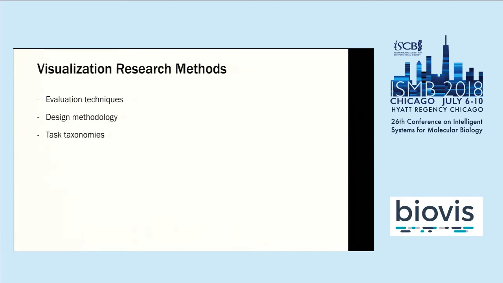Task taxonomies, very helpful when you try to understand what a user might want to do with your visualization. There's some great papers. There's one from 2005, John Stasko, low-level tasks for data visualization, tells you everything a basic visualization needs to support. I didn't include it today because time is a little bit limited, but very, very important stuff.